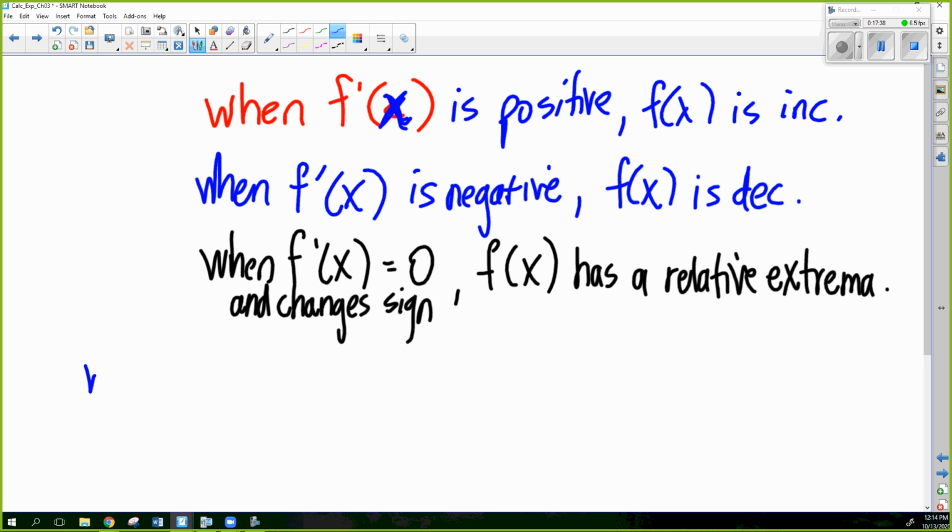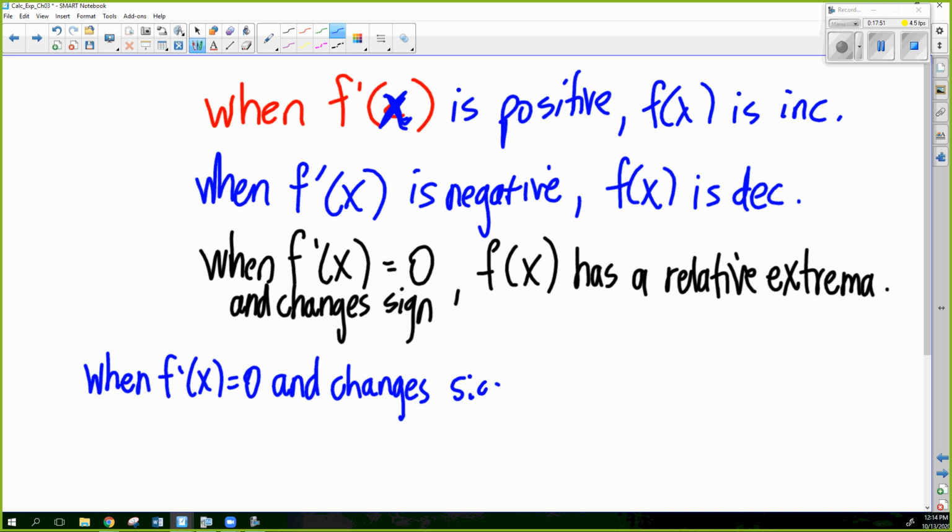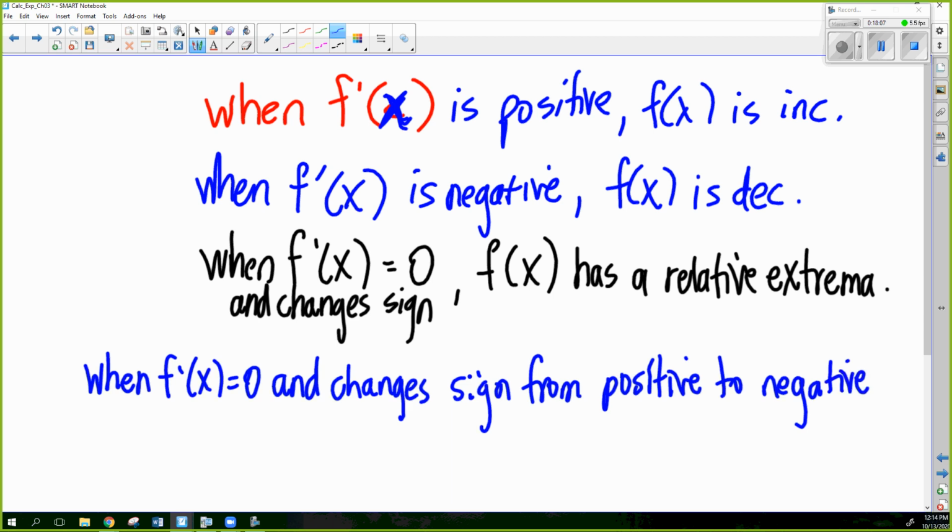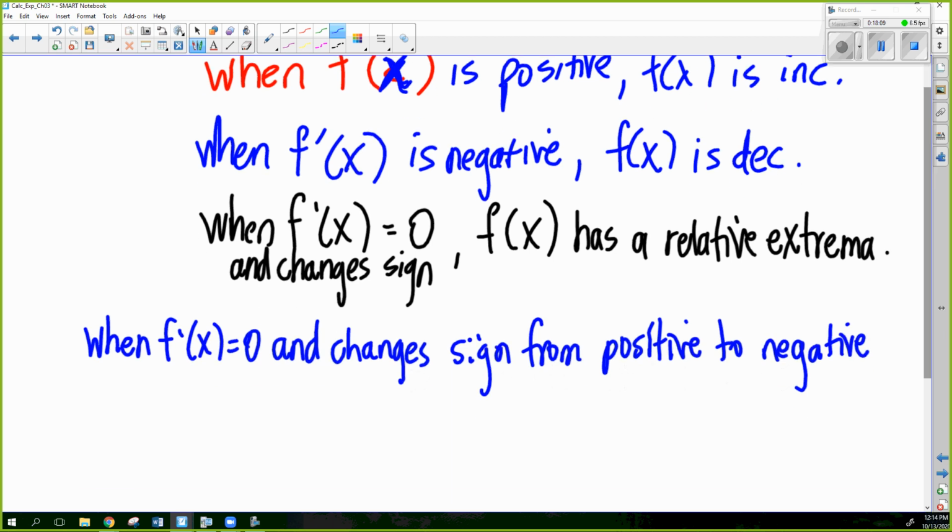So when f prime of x equals 0 and changes sign from positive to negative, specifically, it has to be in the positives first, then in the negatives.